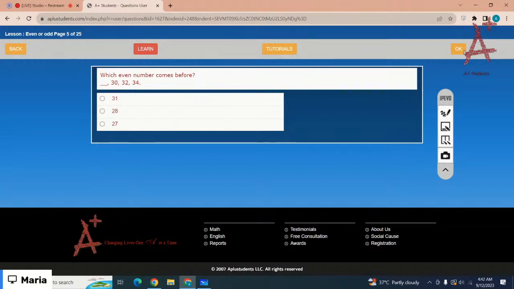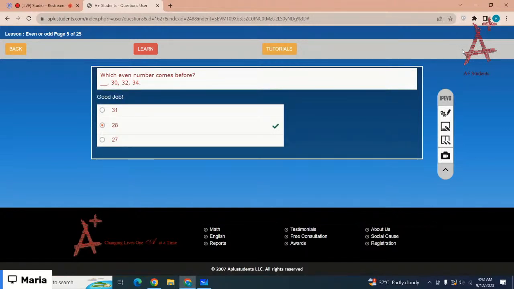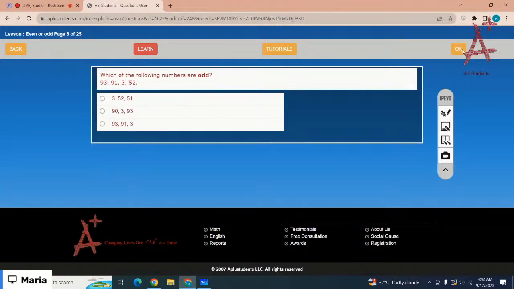The correct option is 28, right? Which of the following numbers are odd?